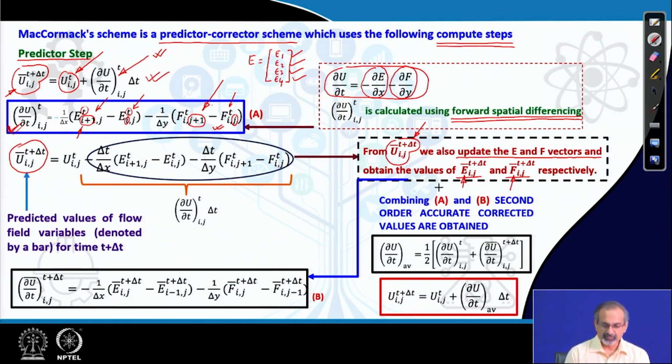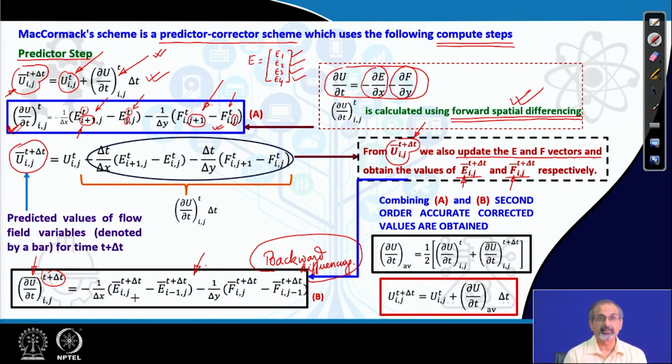Once you do that, you go to the next step. You want to do a prediction of del u bar del t at t plus delta t. How do we do that? We apply backward differencing here. In the earlier step we had done a forward differencing, here we apply a backward differencing.